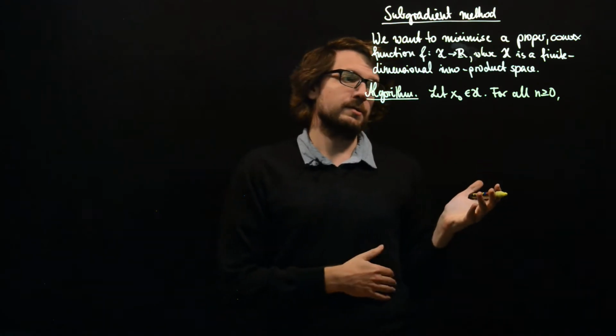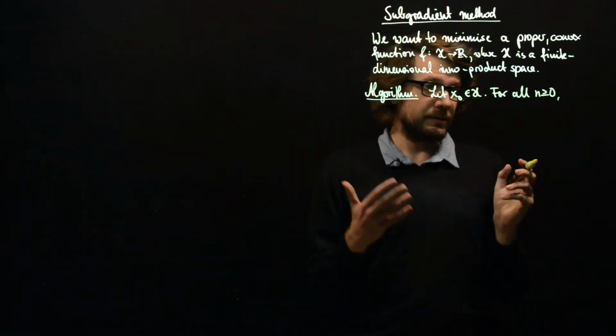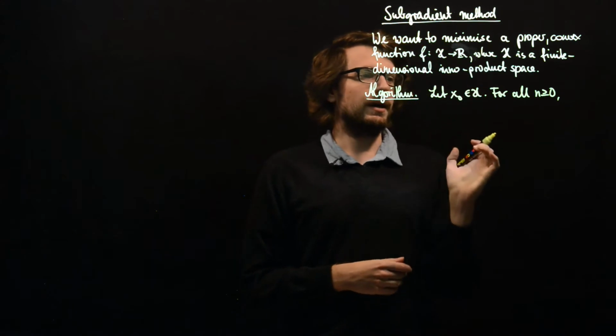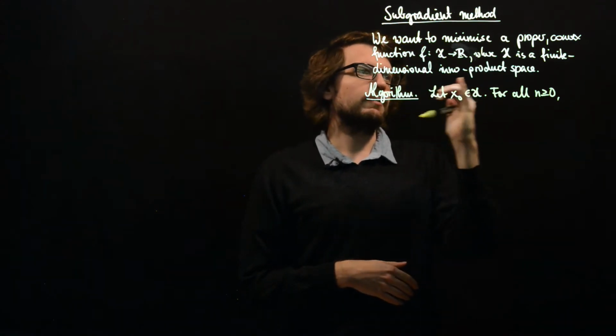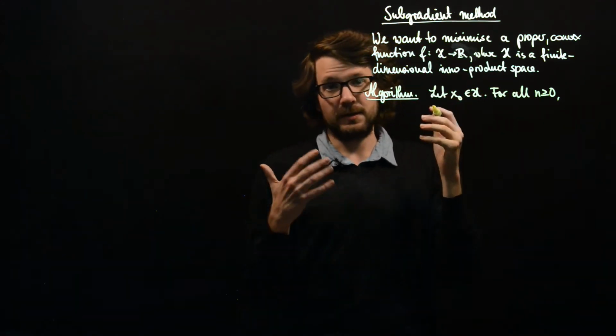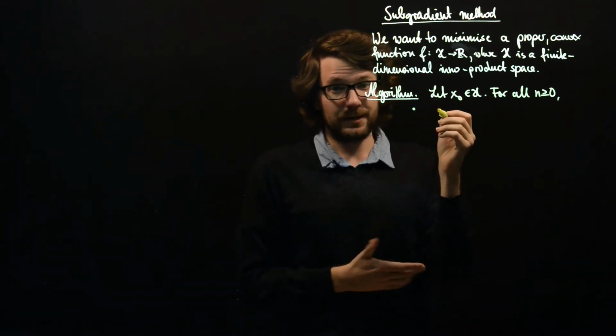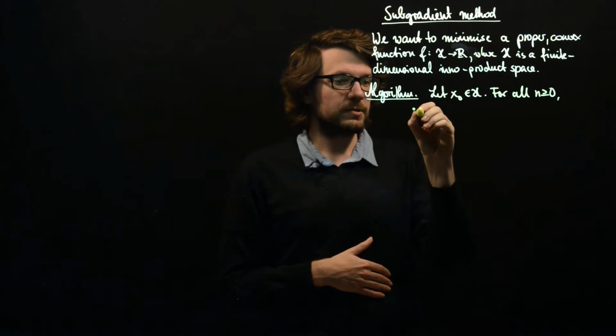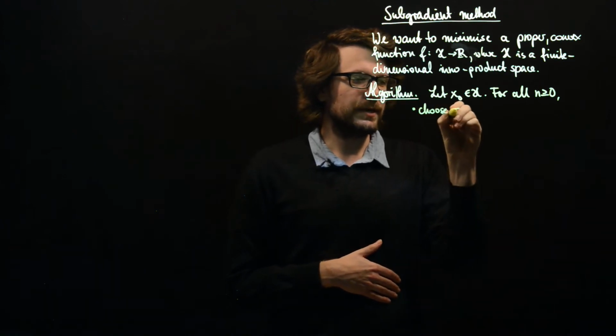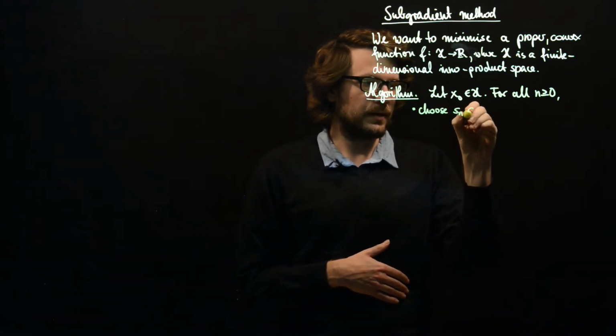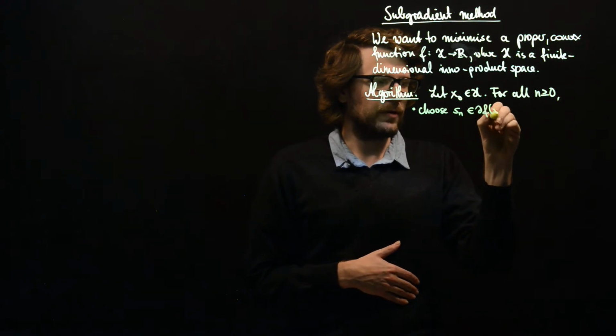What are we doing? So we want to take our point xn, and in the gradient method we would take a gradient. For the subgradient method we can take a subgradient. So choose sn in the subdifferential of f at xn.